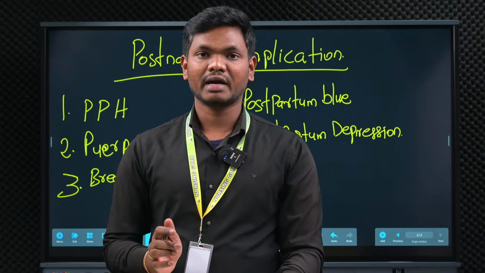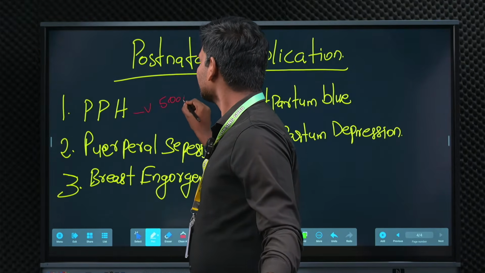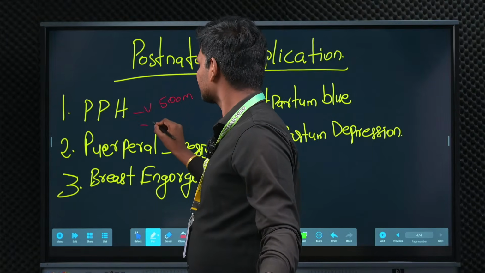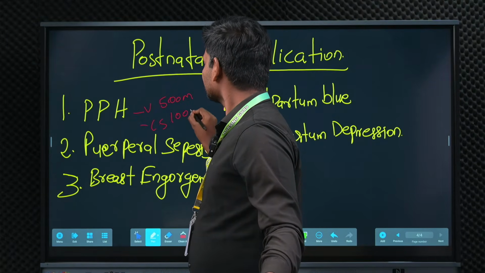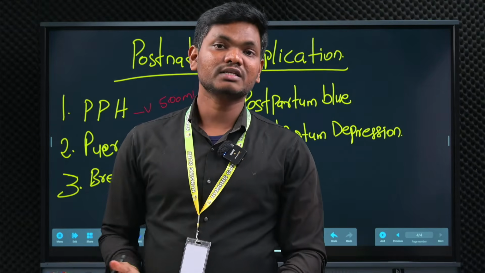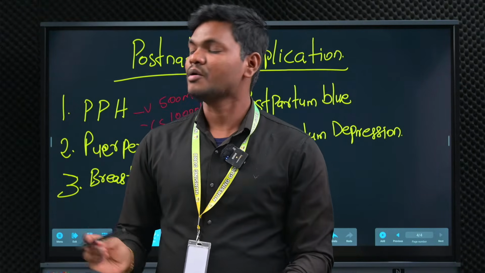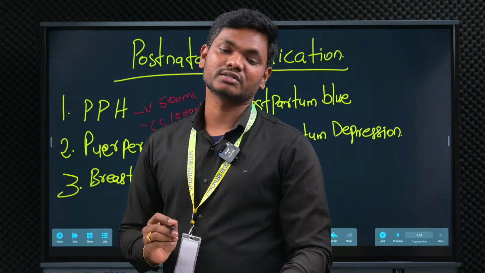In the vaginal delivery, 500 ml is normal. In the cesarean section, 1000 ml is normal. So when it goes more than this, that condition is diagnosed as a PPH.